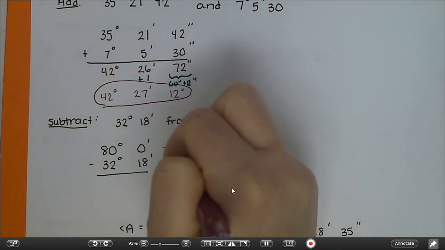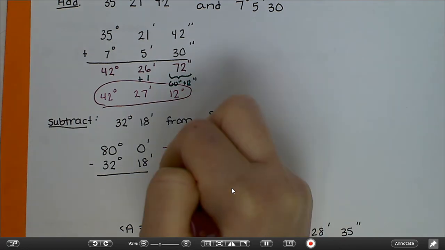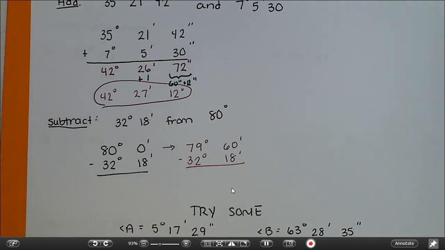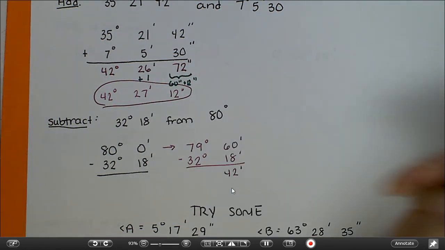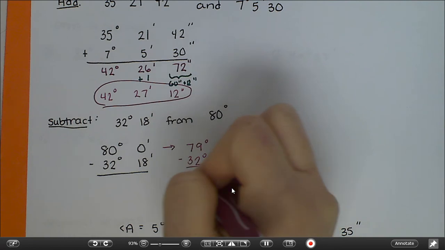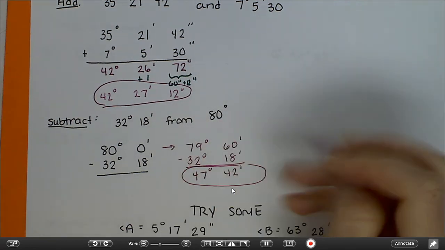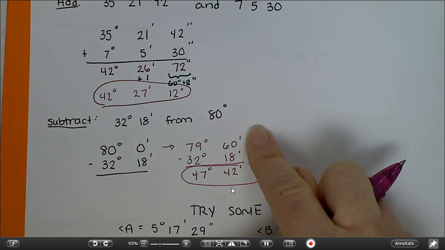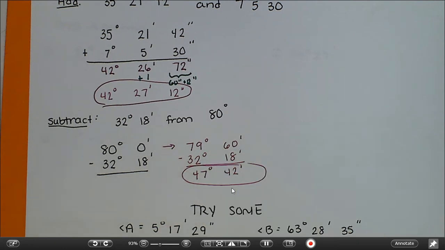And subtract from that 32 degrees, 18 seconds, or minutes, sorry. So 60 minus 18 is 42 minutes, and 47 degrees. That's it. So that first little trick is just to redistribute the way that we're looking at minutes and seconds so we have something to borrow from.